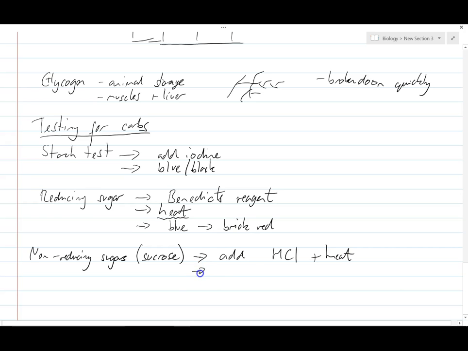You then have to neutralize the solution, usually by adding sodium hydroxide. And then you carry out the Benedict's test as you would with a reducing sugar. So that is everything you have to know about carbohydrates. Enjoy.